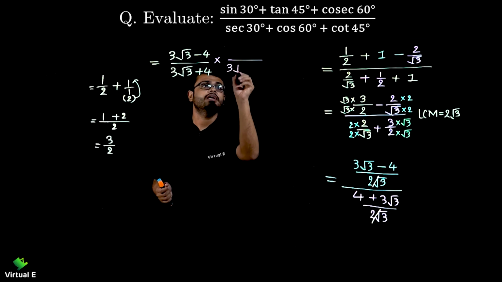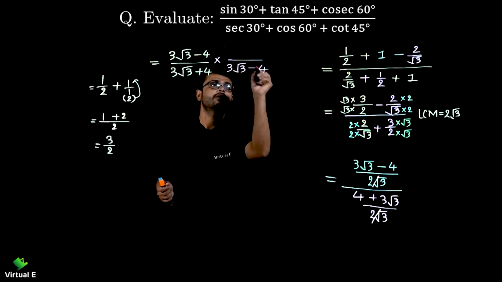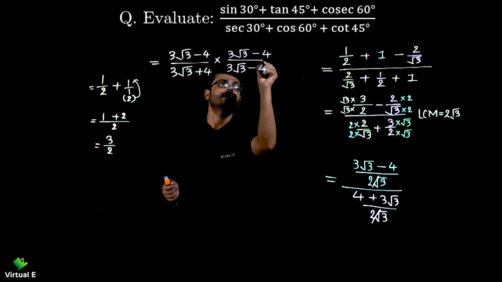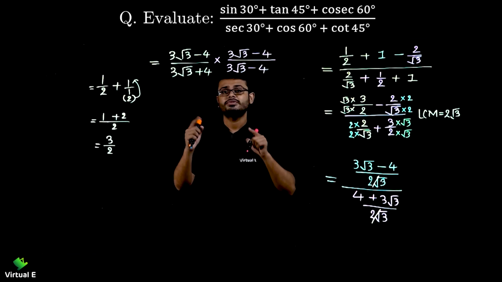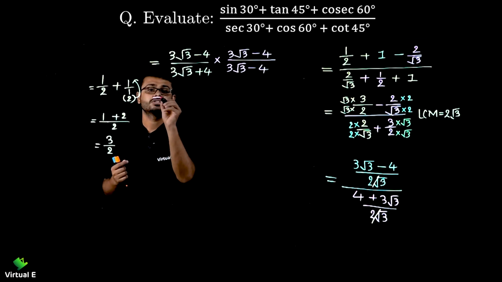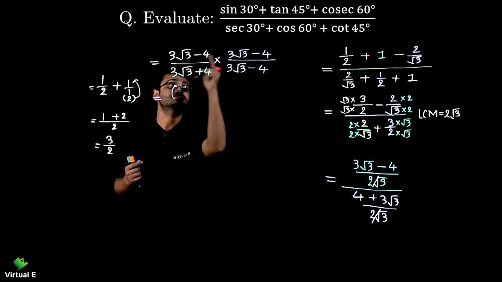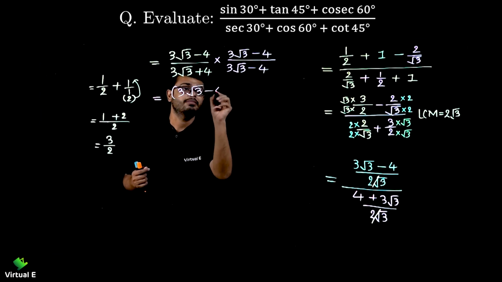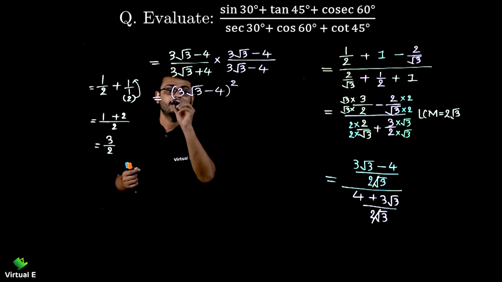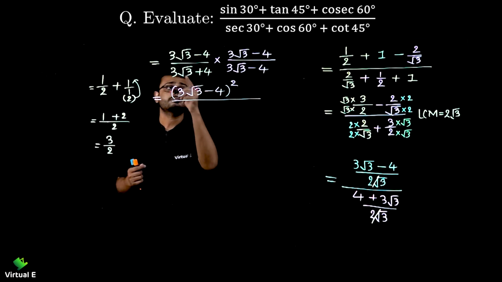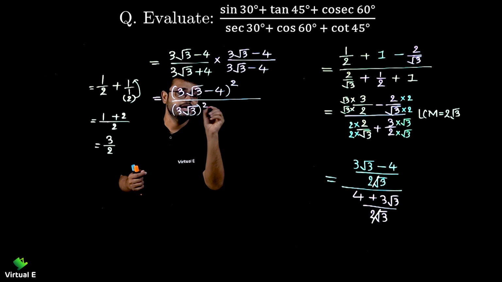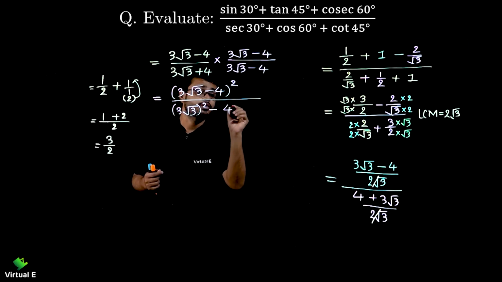Yes, 3 root 3 minus 4 in numerator and 3 root 3 minus 4 in denominator. So we can use the identity. Here the numerator will become a square because the same term is coming a second time: 3 into root 3 minus 4 whole square. And in the denominator, can I write 3 root 3 whole square minus 4 square?